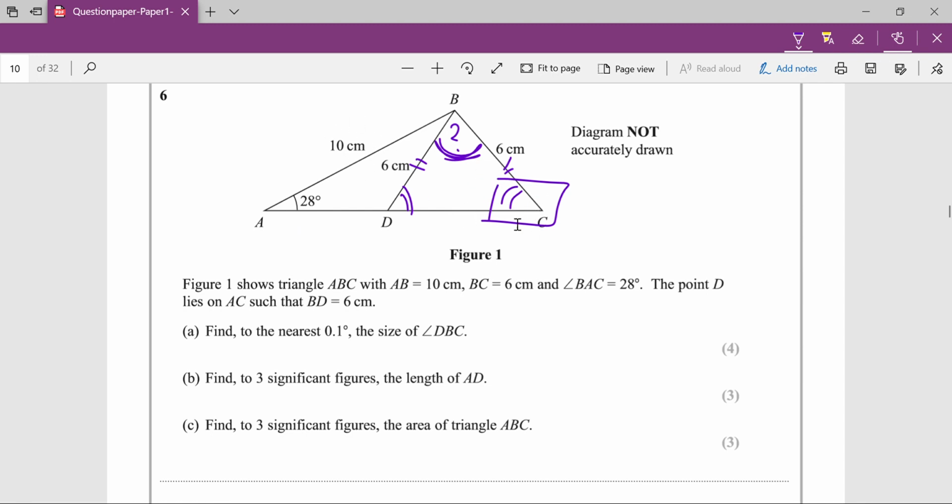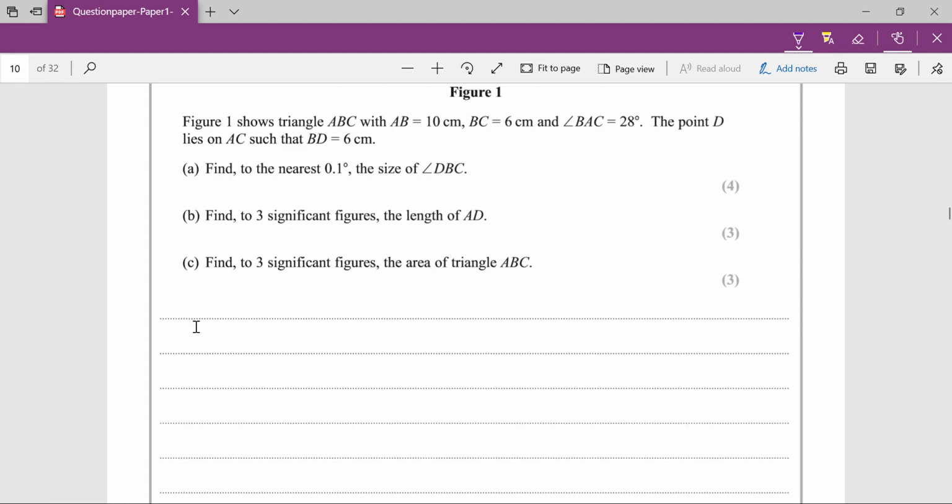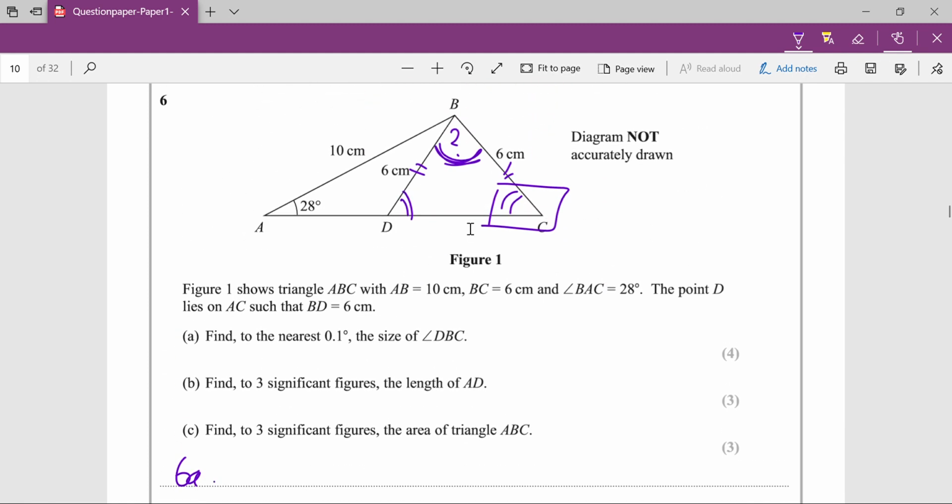And once we have this angle, it's 180 minus 2 times this angle to get our top angle. Alright, so first we shall venture to find the angle BCD.